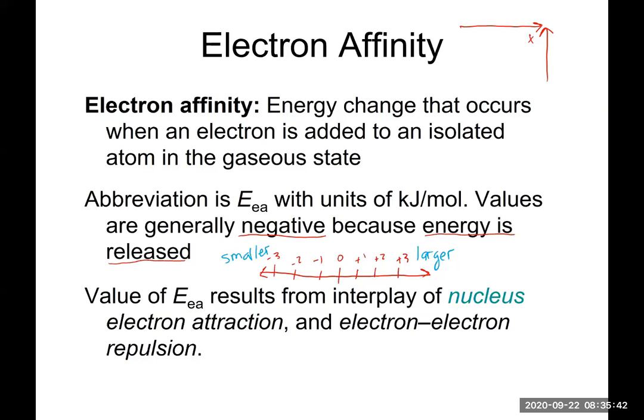But with electron affinity and chemistry in general, when we put a negative sign in front of a value, that doesn't mean that it's smaller on a number scale. We're in fact not using a number scale when we talk about negative numbers from this aspect. We're talking about exothermic reaction. Exothermic means energy is being released. That's what exothermic means.